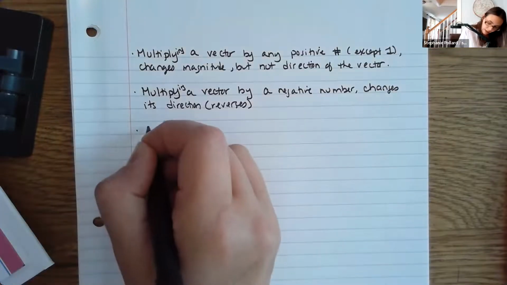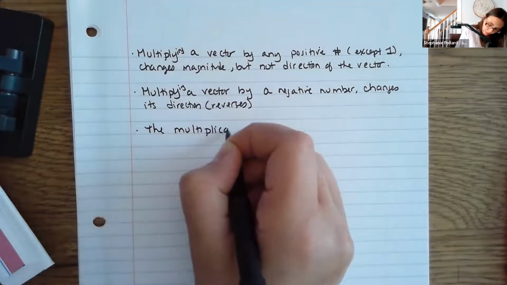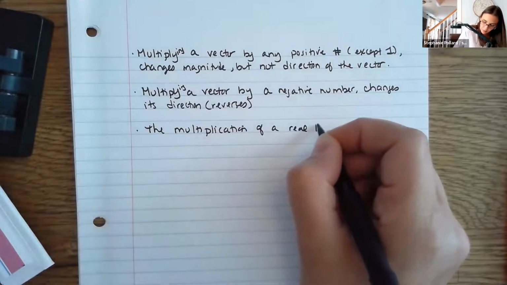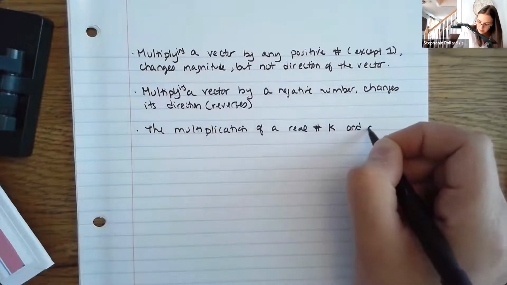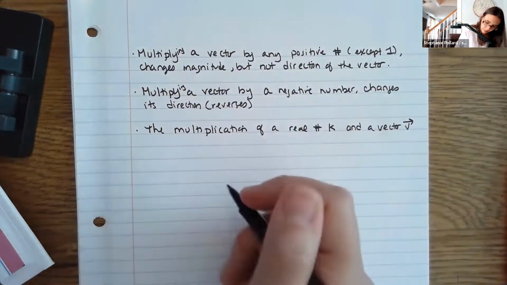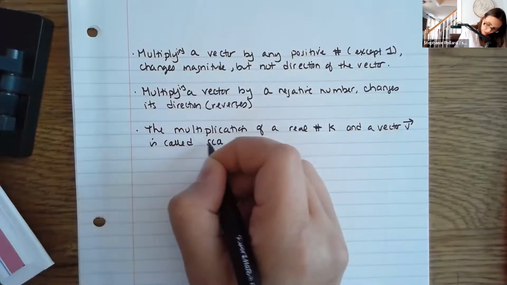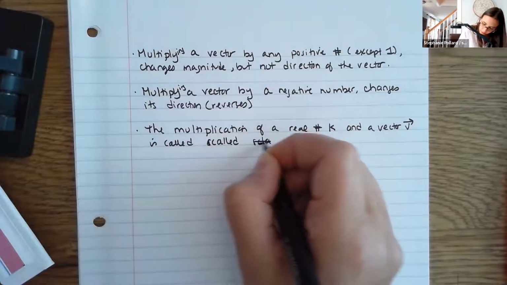And the multiplication of a real number, we'll call it k, and a vector v is called scalar multiplication.